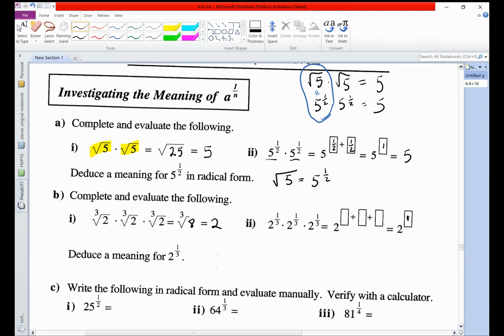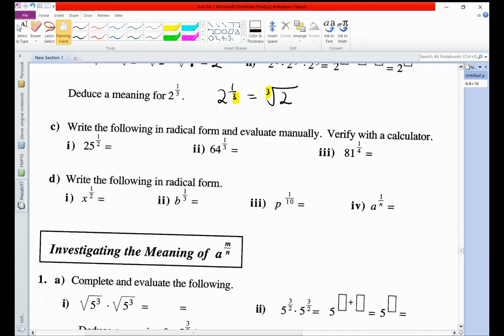So 2 to the power of 1/3 is the same as the cube root of 2. It's the same thing. So you can see that the bottom of the fraction becomes the index, right? The bottom of the fraction becomes the index.